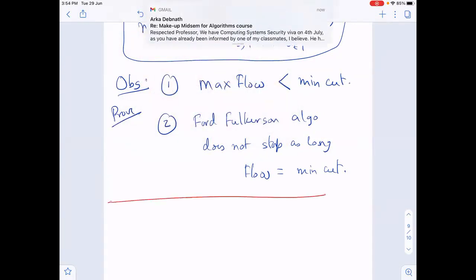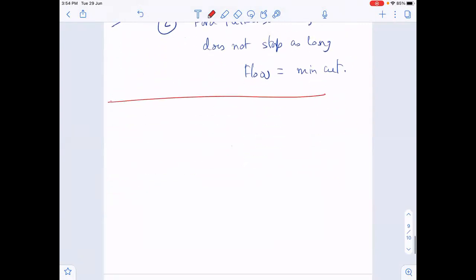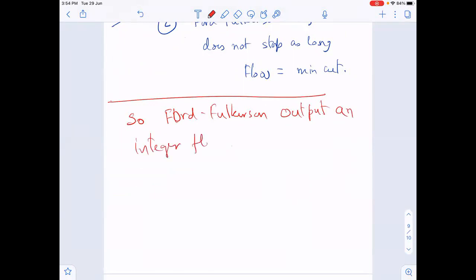So maybe I can write this down. The Ford-Fulkerson run outputs an integer max flow.